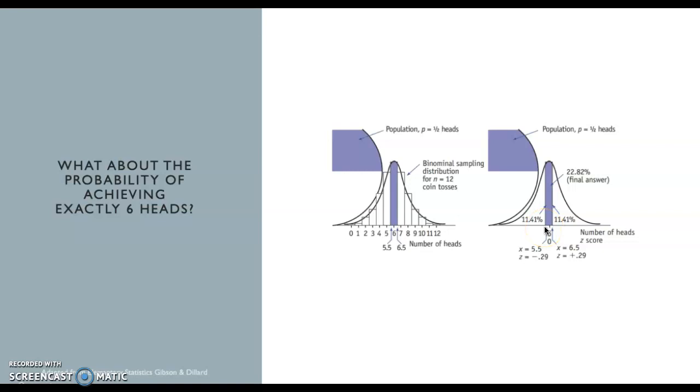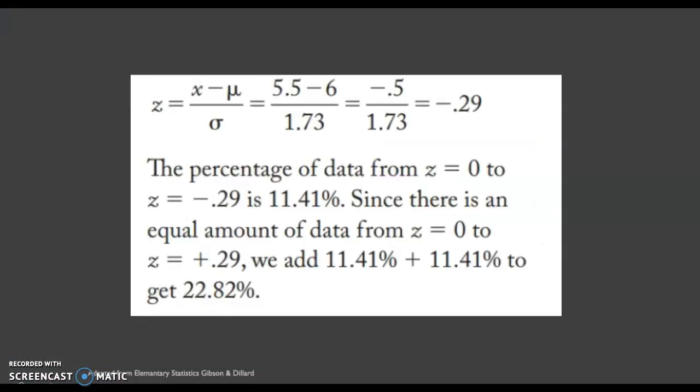And we know that in normally distributed graphs, this shaded area is symmetrical. So this half of the area is 11.41%, and the other half of this rectangle is also going to be 11.41%, which results in 22.82% for the whole area of this part of the histogram.